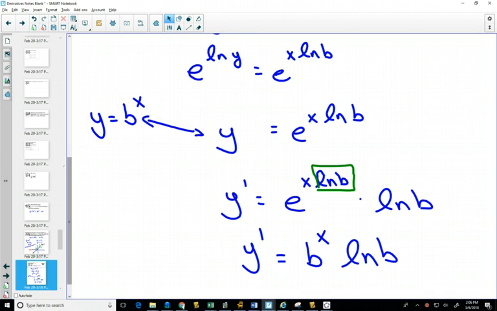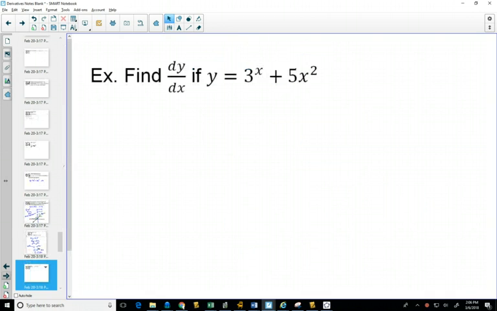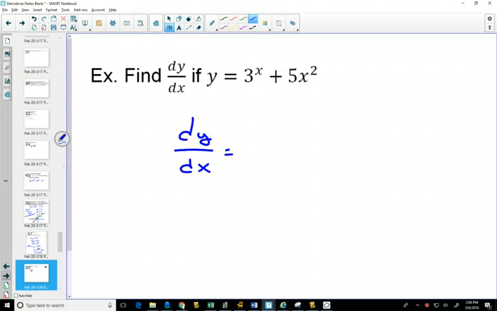But you're going to remember that whenever you have a base other than e, your derivative, dy dx, what's the derivative of 3 to the x? It's going to stay the same, but you're going to multiply by the natural log of 3. Plus the derivative of 5x squared would be 10x.